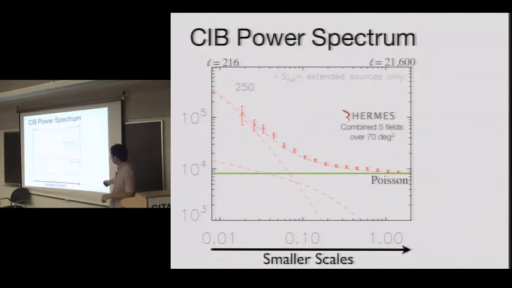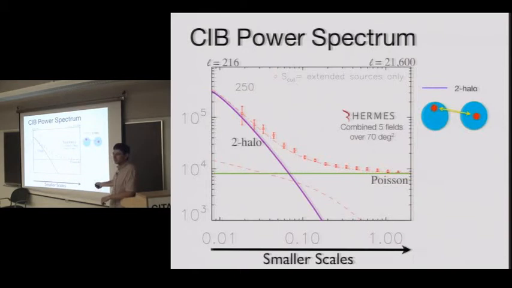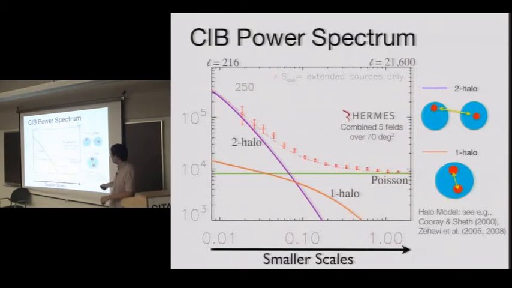It's made up of 3 dominant components: the Poisson term, which is the fact that you're discretely sampling the background. It's shot noise. This 2 halo term, this linearly biased dark matter. And then this extra term, the 1 halo term, the non-linearly biased dark matter.